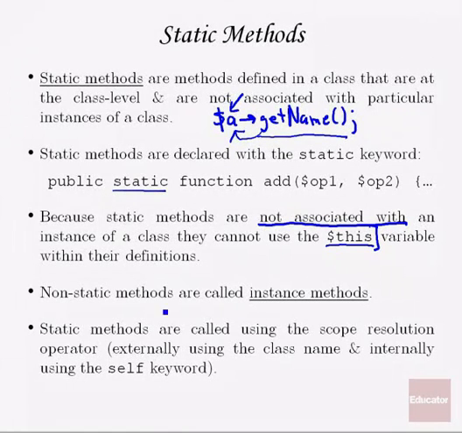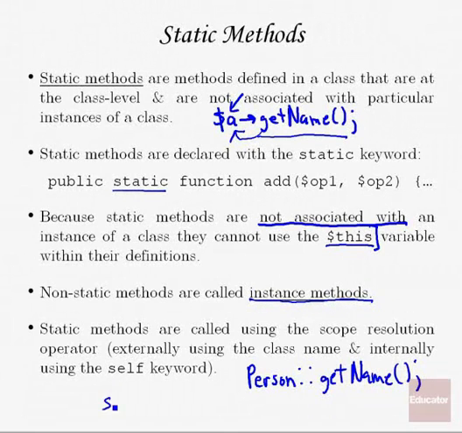And as mentioned, the non-static methods that we have been using up to now are called instance methods. Static methods are called using the scope resolution operator, just as we did with the static properties. We're going to see that in a second. Outside of the class, you preface it with the class name. So, for example, if first name, get name, was a static public method, we would call it like this from outside the class.